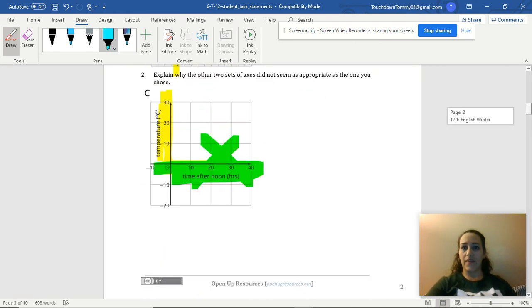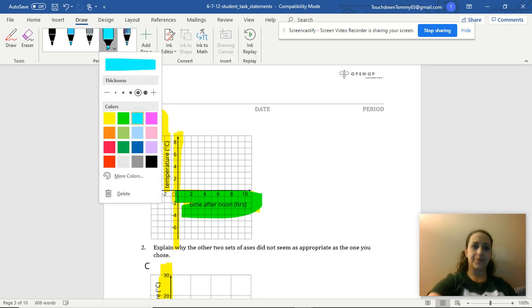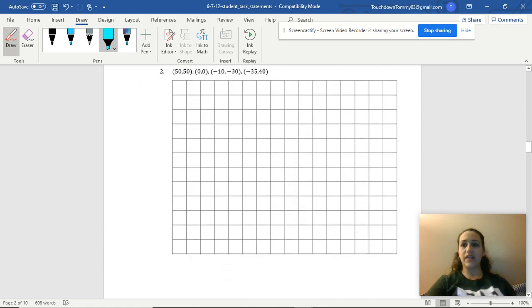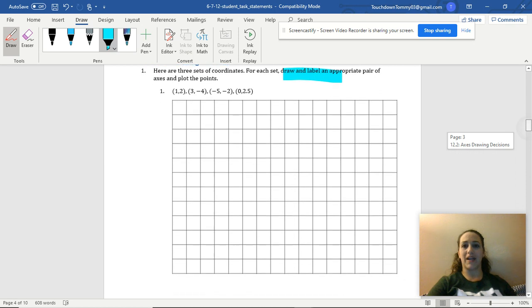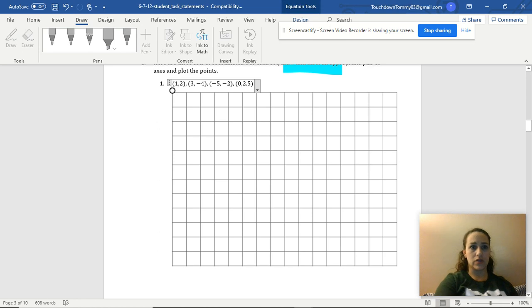Now, the one that worked out best for us a moment ago, B here, dropped down into the negative and had small increments because of the numbers that we had in the data. So this time, we're going to use the numbers that we've been given in our data to determine how we should set this up. So I'm noticing our x coordinates, which are the first coordinates.